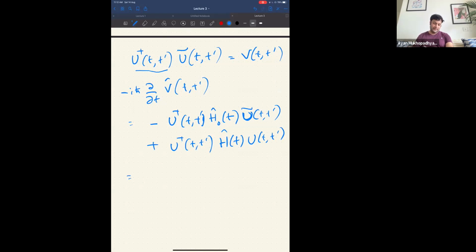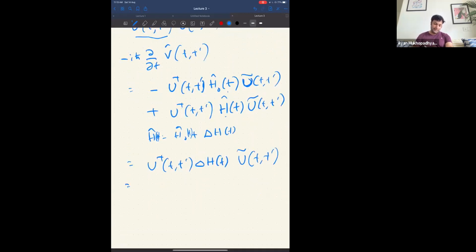So it's obvious it becomes minus. Now I can combine these two, and H minus H0 is delta H. Recall that H is H0 plus delta H(t), there's a time dependence. So this becomes U dagger(t,t') delta H(t) U tilde(t,t').